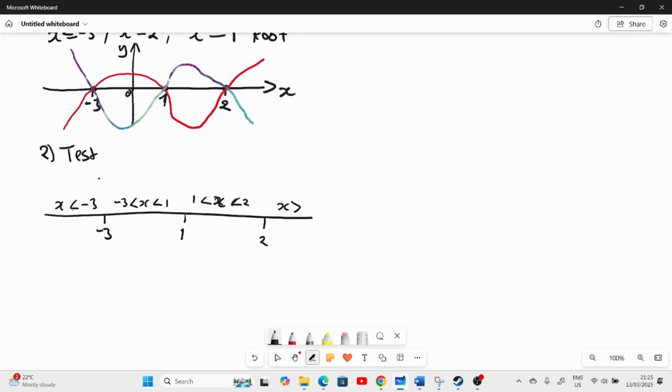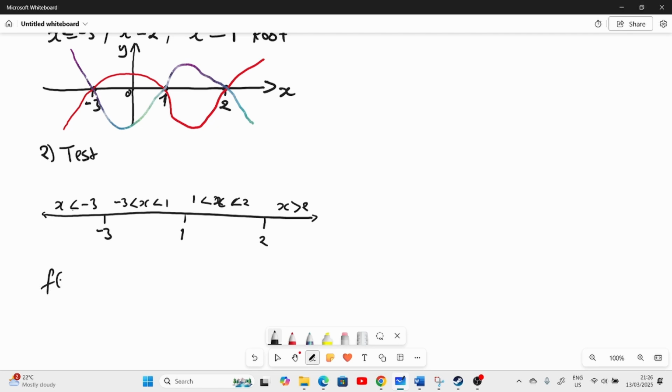So you investigate the behavior of this function in these regions: for values less than -3, for values between -3 and 1, between 1 and 2, and for values greater than 2. Let's pick any value that is less than -3, let's say -4, and substitute back in our given equation.